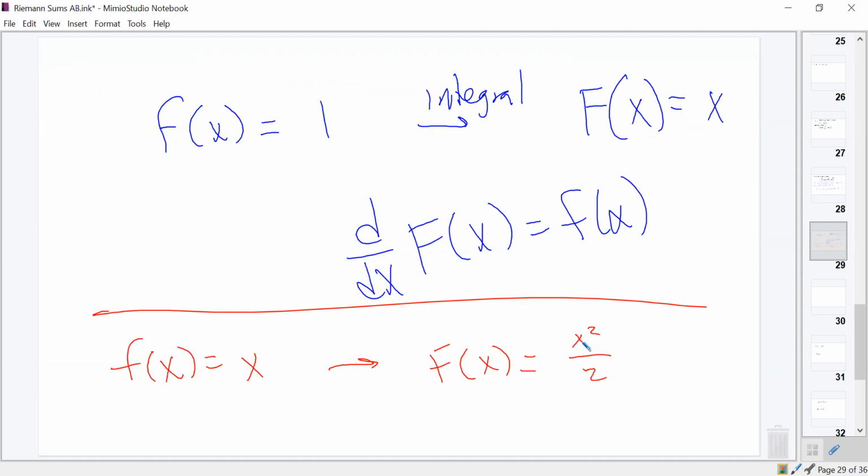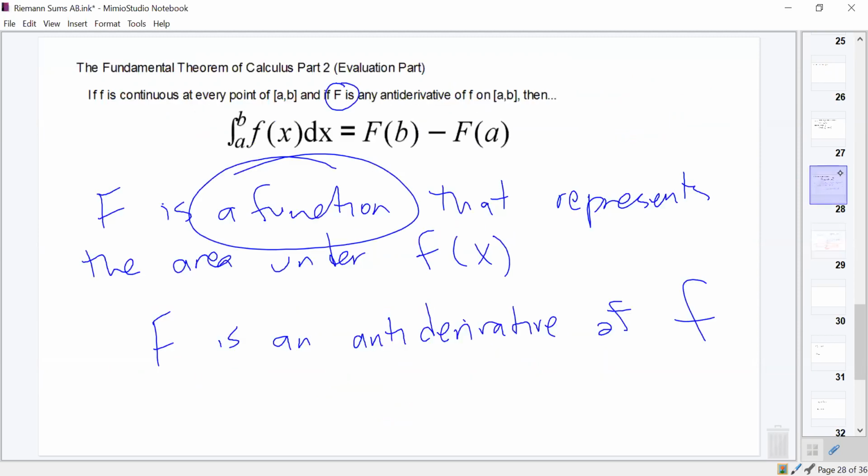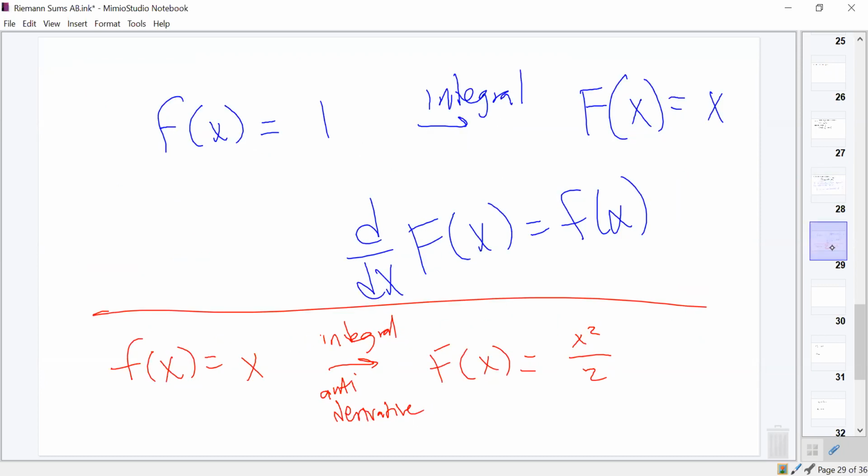Exactly. If I take the derivative of x squared over 2, that just gives me x. This is the integral, or the antiderivative, of x. It's a function that when we evaluate it in this way, if there were limits on it, would give me the area underneath the curve f of x equals x.